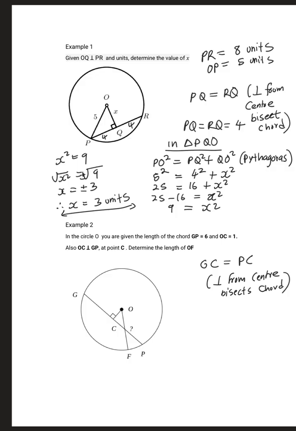And because we are told that GP is equal to 6, which is given, GC is equal to PC is equal to 3. So now we know that we have a 3 here, and we also have a 3 for PC.